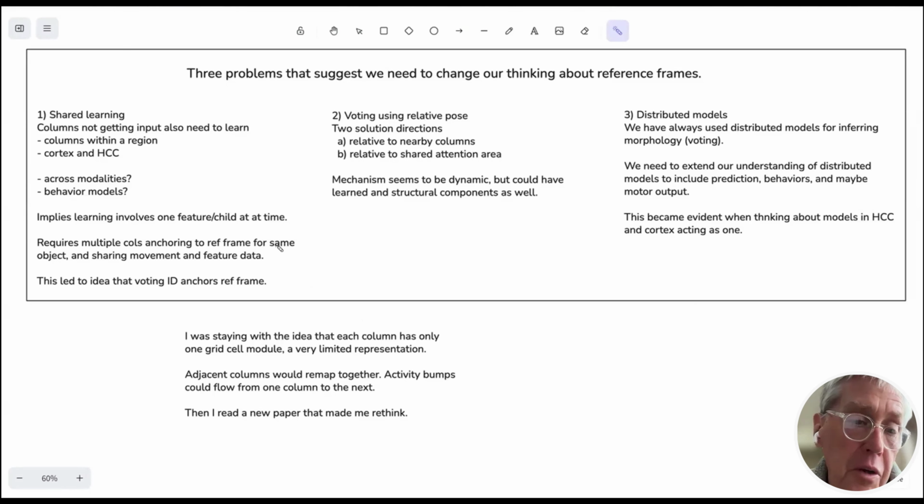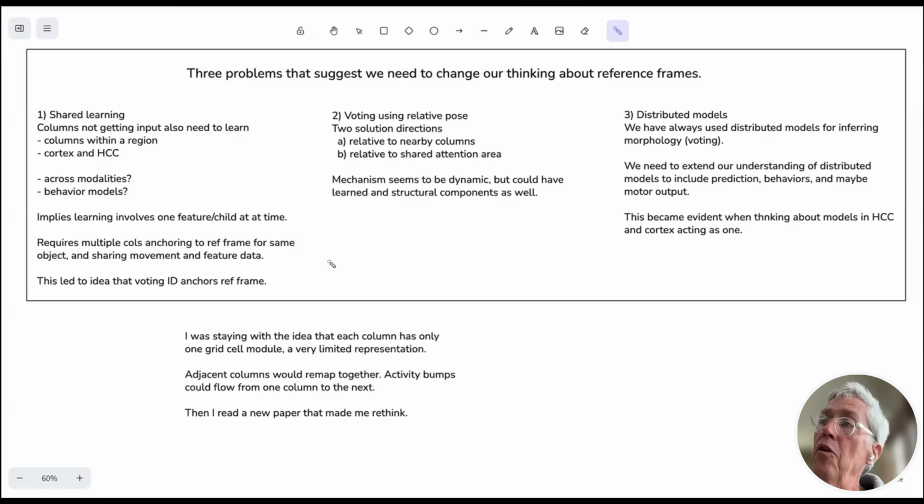I would think it happens all the time. Well, I don't know. It's an interesting question. Let me step back. Clearly, during learning, you're doing one thing at a time. That's sort of contrary to voting, right? In voting, I might have multiple columns all doing their own hypotheses, and so they all have their own thing going on.